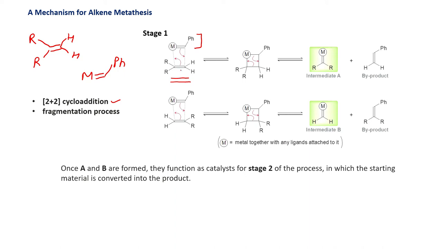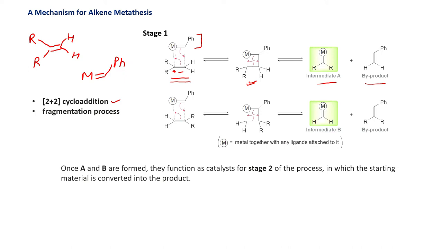Now this double bond of the alkylidene will make a bond with this starting material, this alkene. So you can see here, first it will form a cyclic product and then it will give you intermediate A and a byproduct. In this case you can see your metal is going with the maximum substituted carbon.